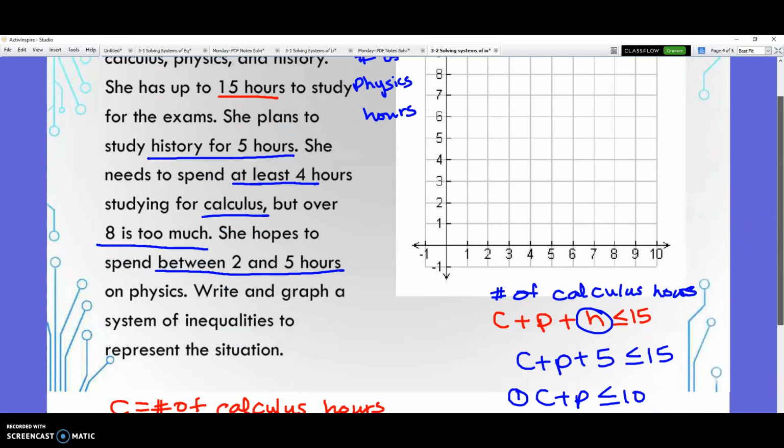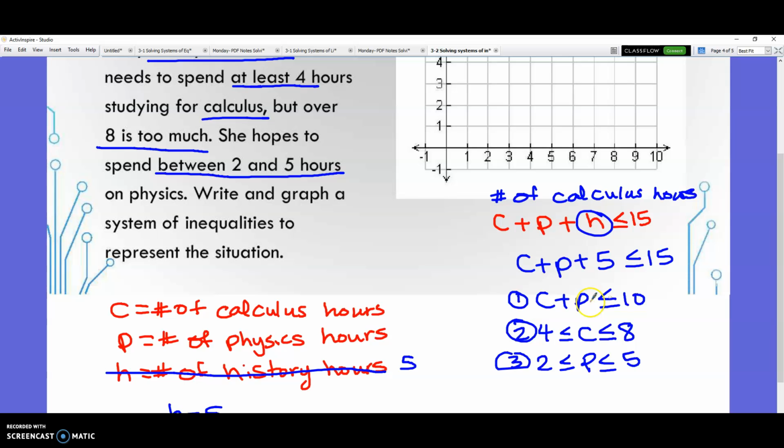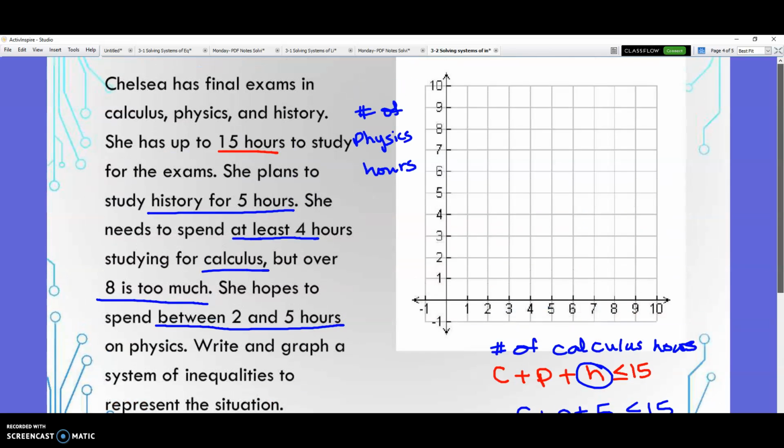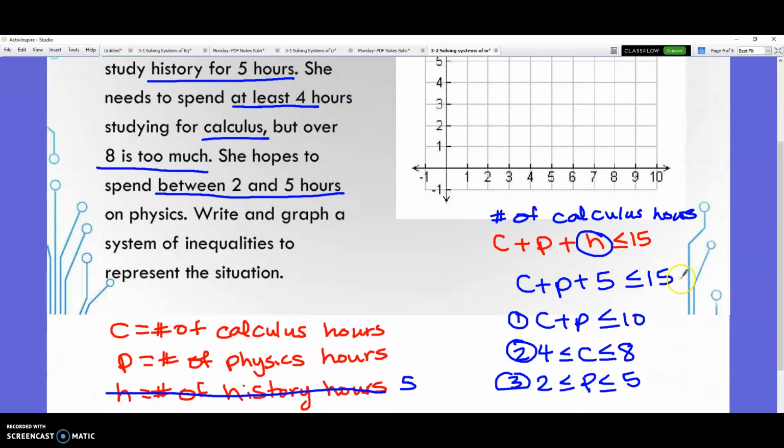Okay, so the first one, C plus P is less than or equal to 10. If Chelsea spent all of her time studying calculus, she has a total of 10 hours. Because history, she's already going to spend 5, so that reduces everything to just 10.